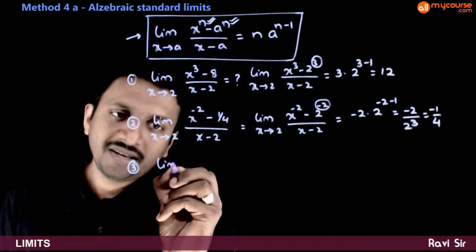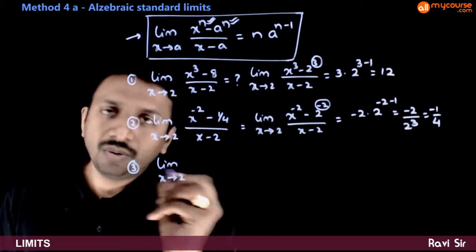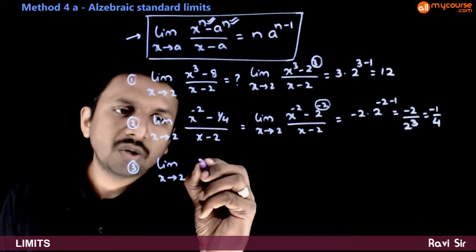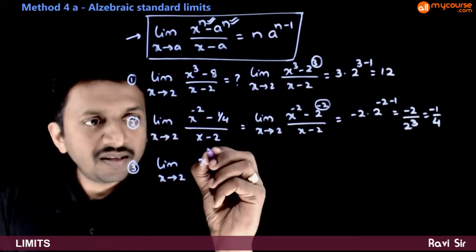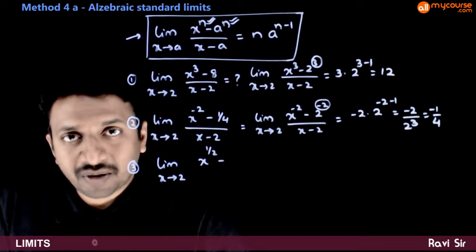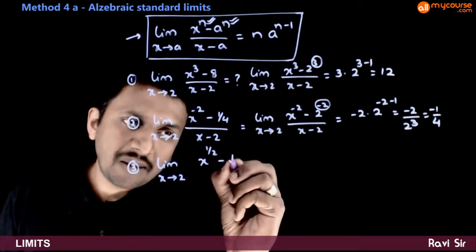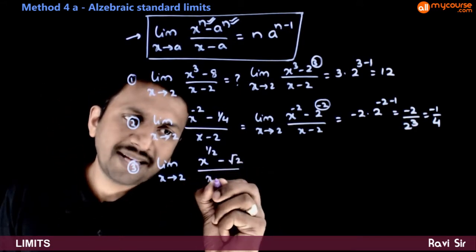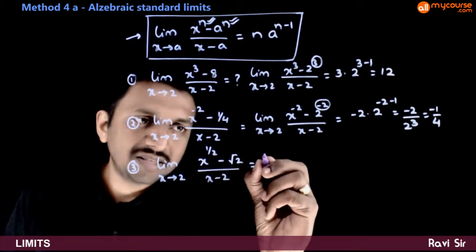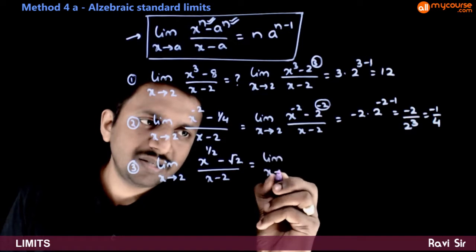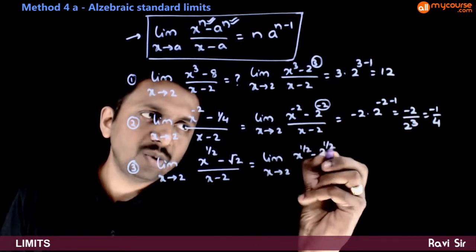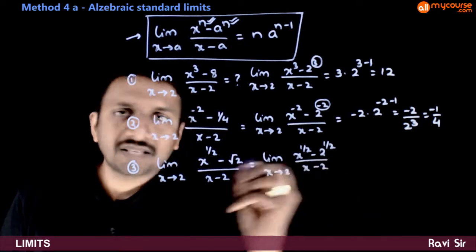So limit x tends to 2, (x power half minus root 2) by (x minus 2). What is the answer to this? This can be written as limit x tends to 2, (x power half minus 2 power half) by (x minus 2).